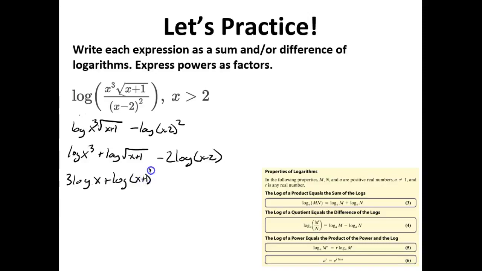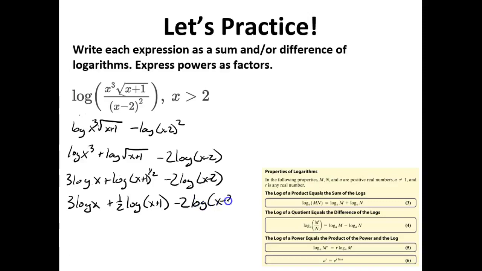It's the power of 1/2, minus 2 log of x minus 2. So we have 3 log of x plus that 1/2, that's a power again, that can go out front. So 1/2 log of x plus 1 minus 2 log of x minus 2.